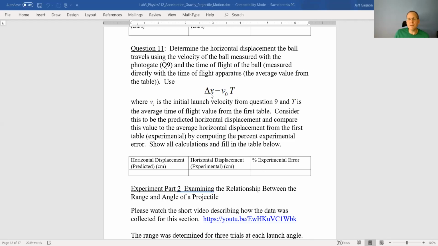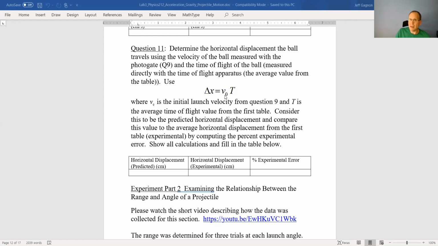To compute this value, and we're going to call this the predicted value, we're going to use the experimental velocity from question 9, when it passed through the photo gate, times the average time of flight from the table.